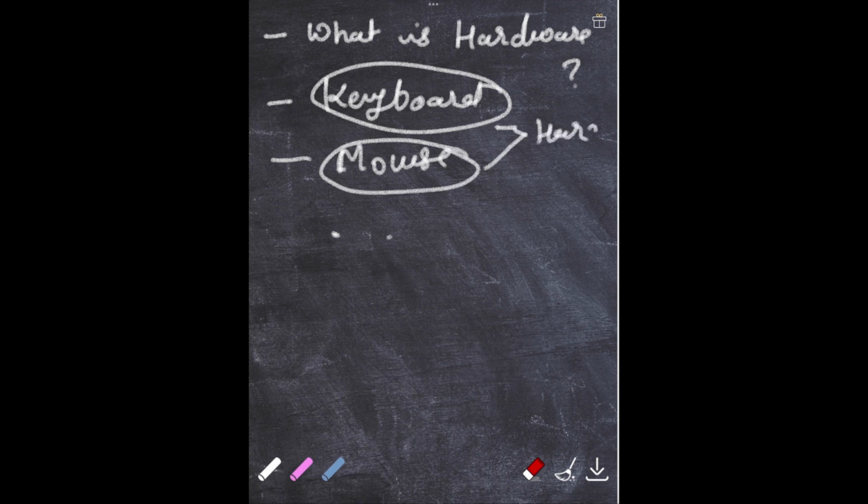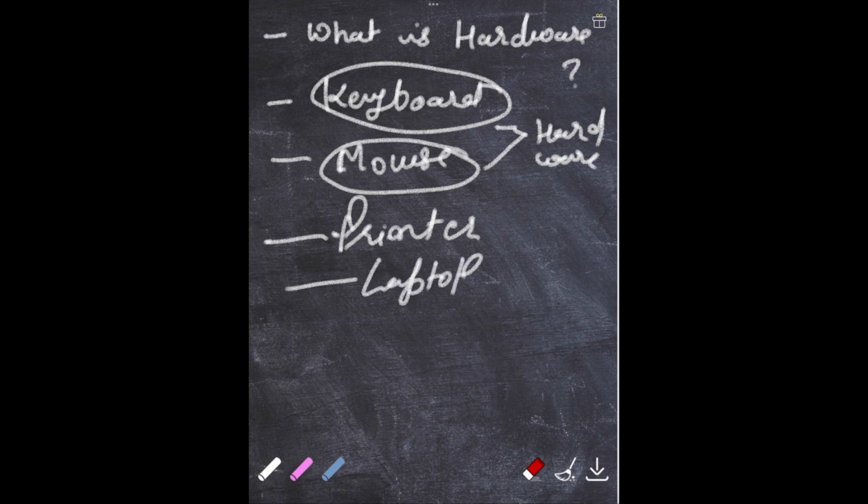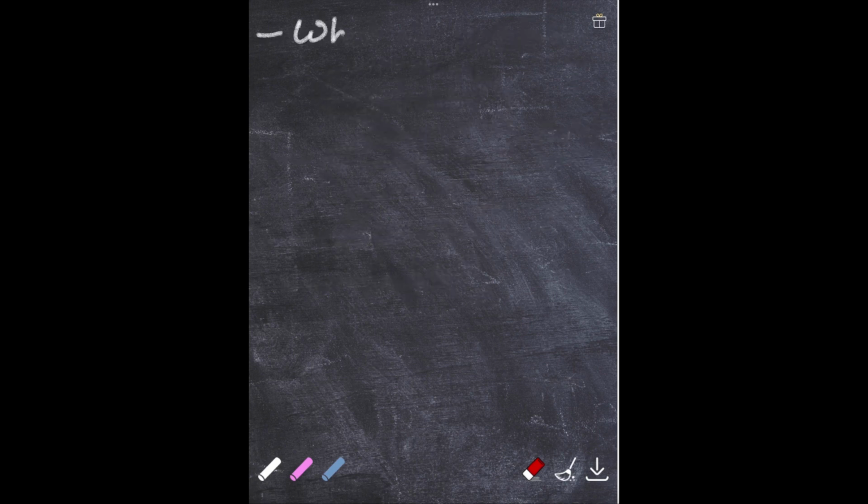We can touch the mouse, so it is also hardware. And another is a printer, or any device, any laptop, any computer. So all the things we can touch are called hardware.